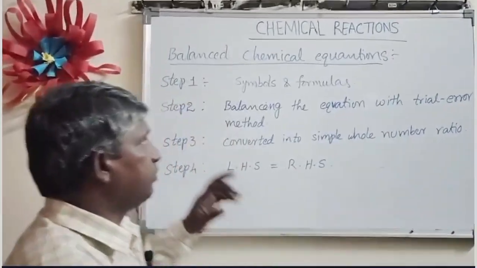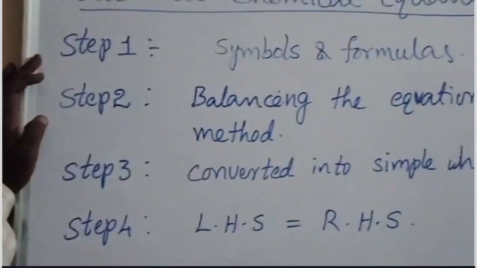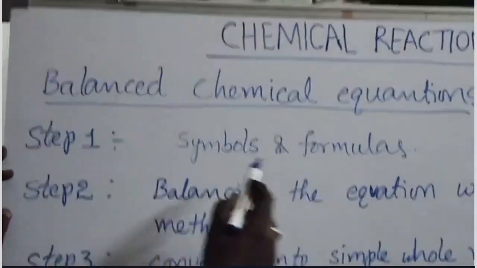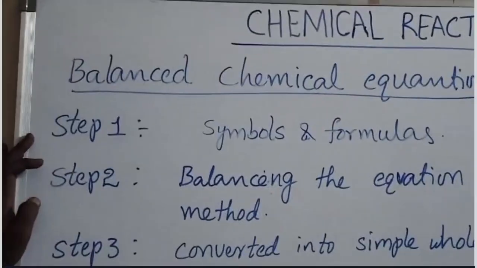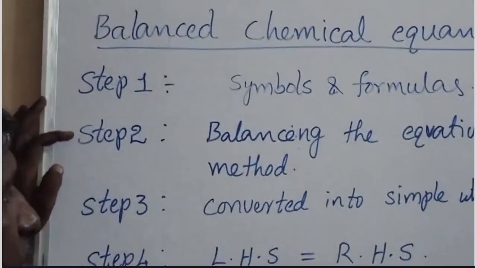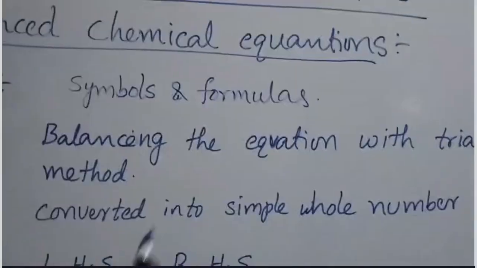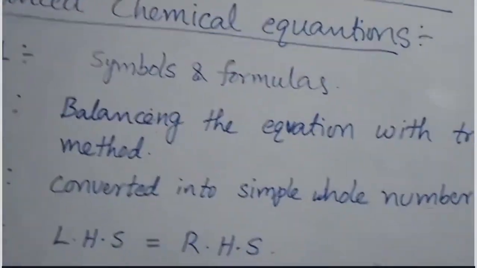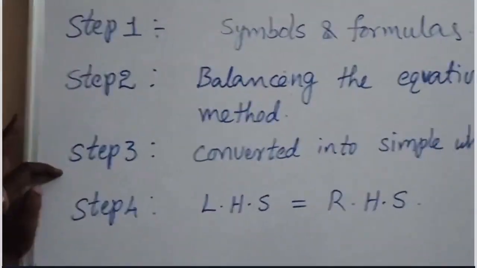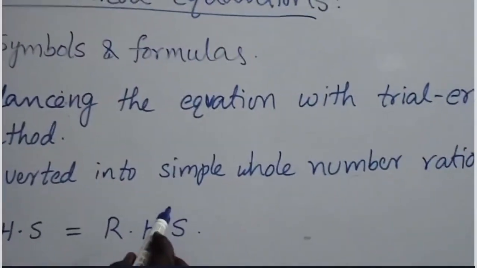First step, the chemical reaction is expressed with its symbols and formulas. Step 2, balance the equation using the trial and error method. Step 3, convert the coefficients into a simple whole number ratio.